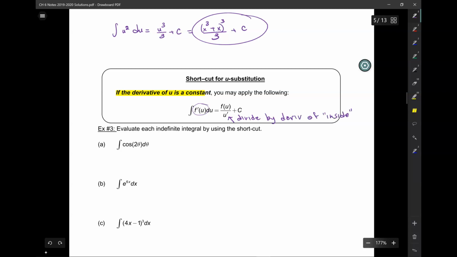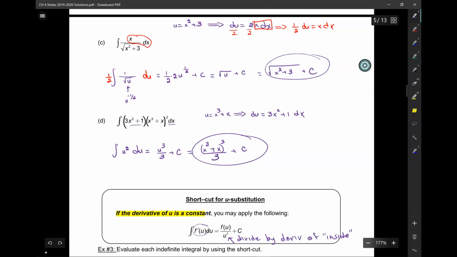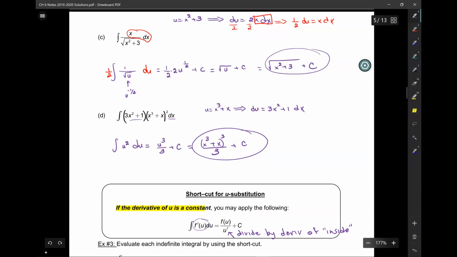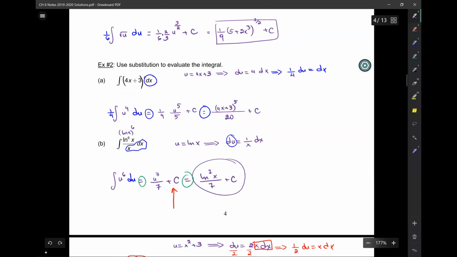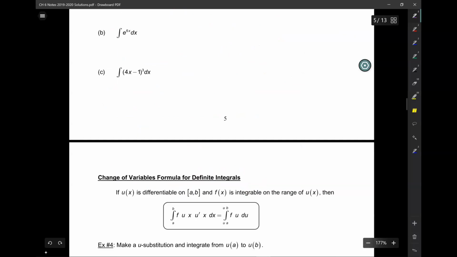But it only works if the derivative of u is a constant, right? So for example, look at d. u was x cubed plus x. du is this hot mess. That's not a constant. You can't do it. Could you have done it for b here? No. Could you have done it for a? Yeah, right? That's the only case that you could do it.